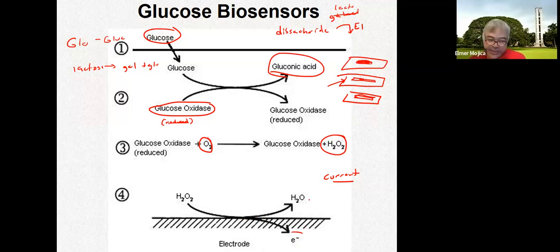So that's the main principle of this sugar meter. Now, if you're going to look at the application for this sensor, we could say we can use it for pollution detection.